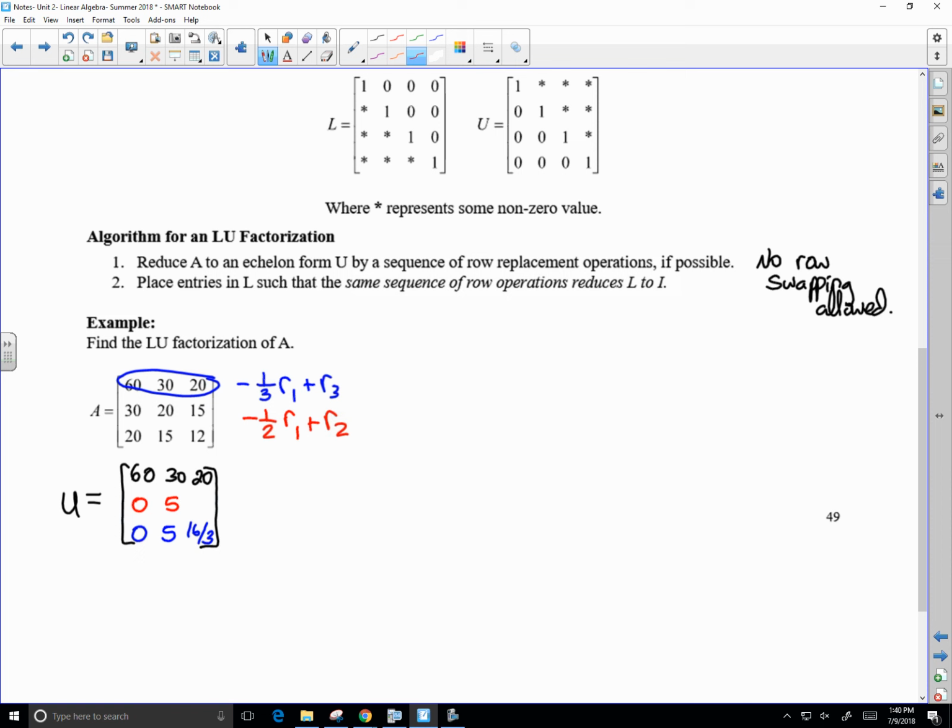Negative 10 plus 15 is 5 again. Let me just double check. Negative 30. Right. Negative 15. Okay, so not quite in upper triangular form.